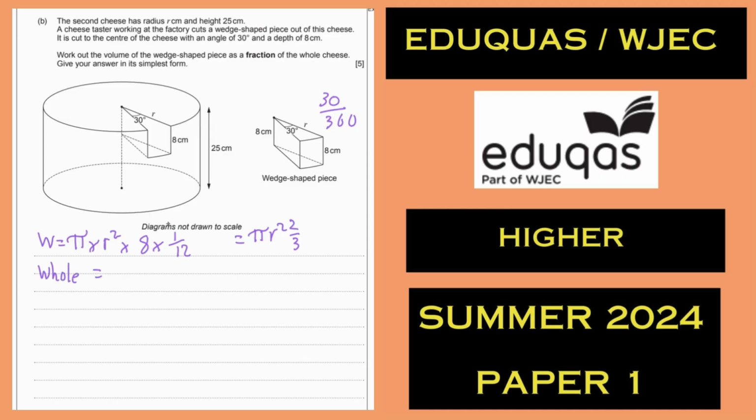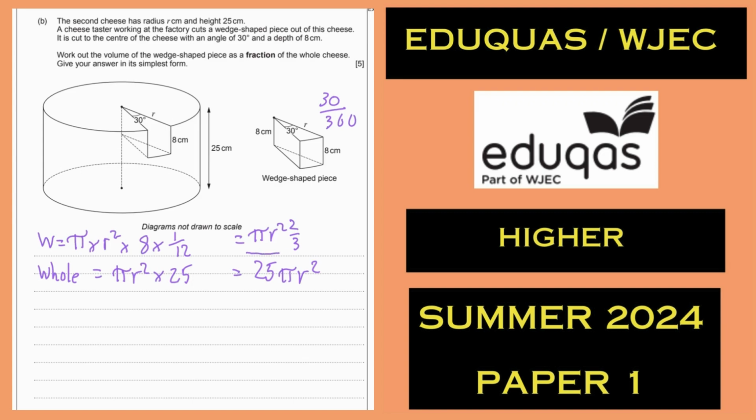The hole's a lot easier. It's pi times the radius squared times the height, which is 25. Which is 25 pi r squared. Work out the volume of the wedge-shaped piece as a fraction. That's why I set it out like this.